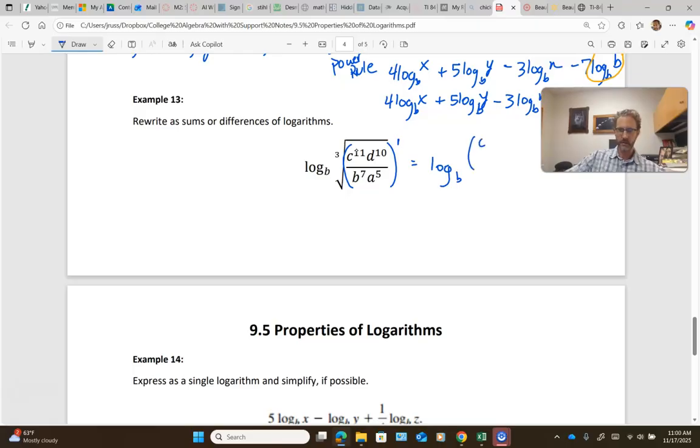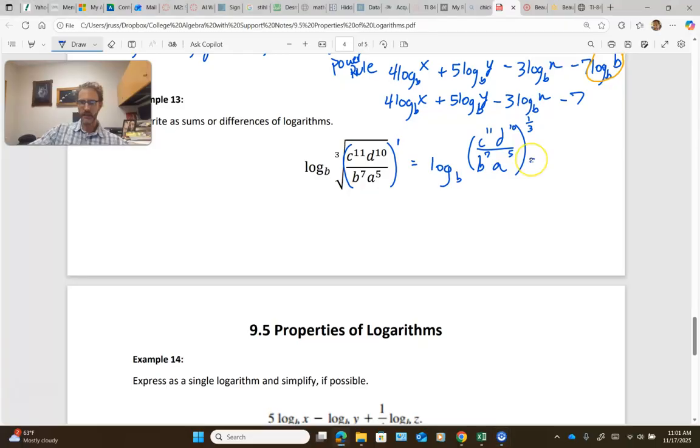I'll just rewrite it real quick. That's d to the 10th, b to the 7th, a to the 5th. And then this will all get raised to the index here is 3, the exponent is 1, so this will become the 1/3 power.